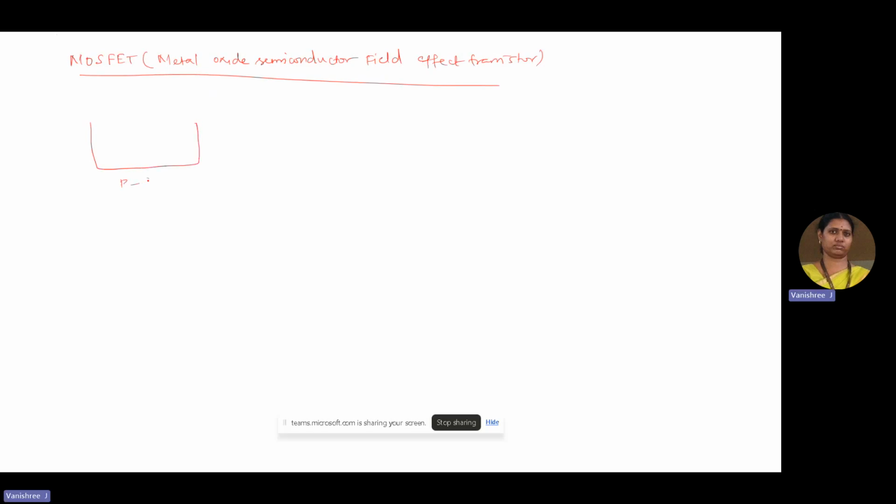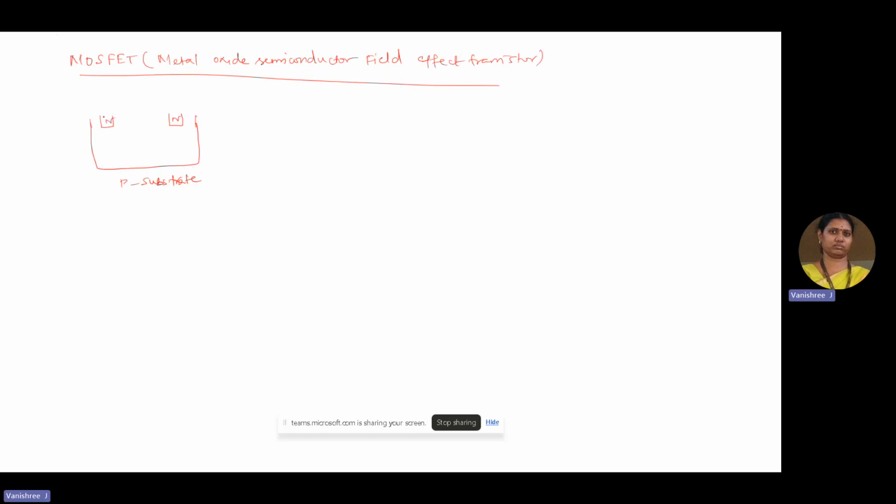If this is a P-type substrate, then the opposite layers are immersed on either end of the substrate. So if the substrate is P-type, then the immersed regions are N-type.